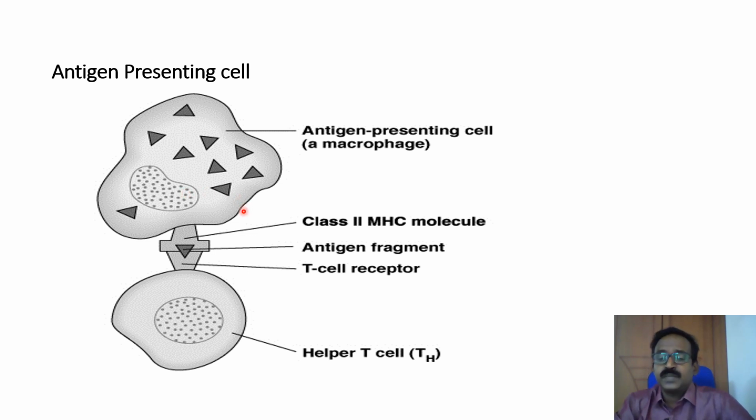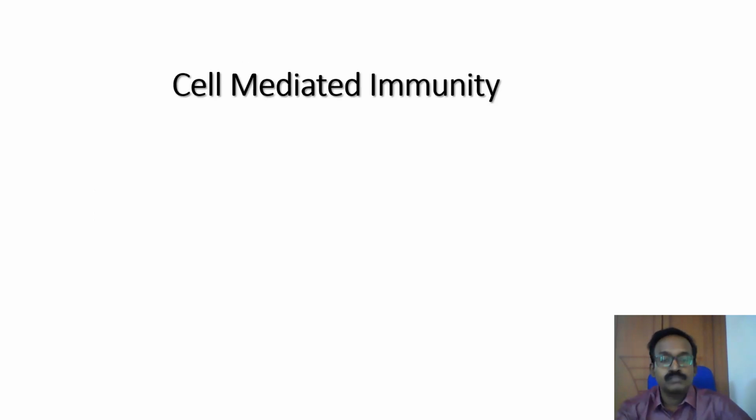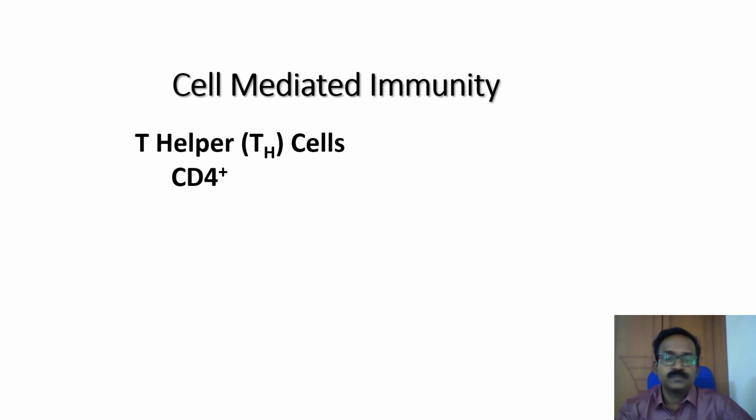When the antigen is presented on the surface of the antigen presenting cell along with MHC 2, it binds with the helper T cell. Helper T cells are stimulated and proliferate into many helper T cells, which activates cell-mediated immunity. T helper cells are also called CD4 cells.